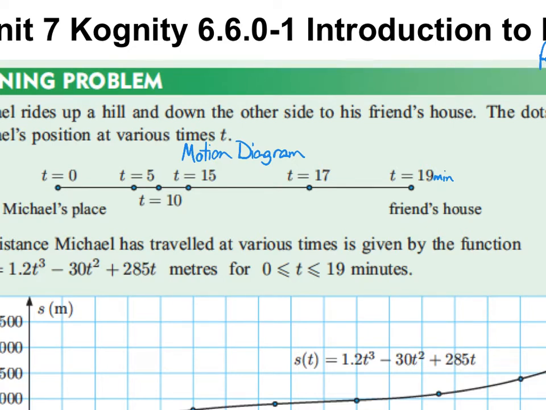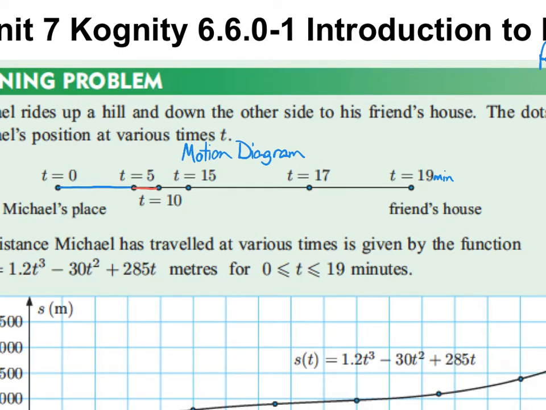For example, notice here from 0 to 5 minutes, in the first 5 minutes he covers that much distance, but then from minute 5 to minute 10 he only covers that much distance. Now why do you think that might be happening? Yeah, he's going uphill, all right?